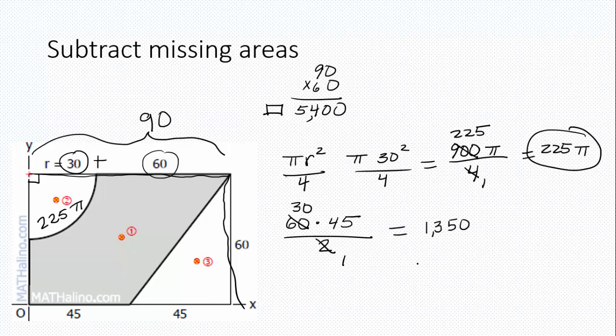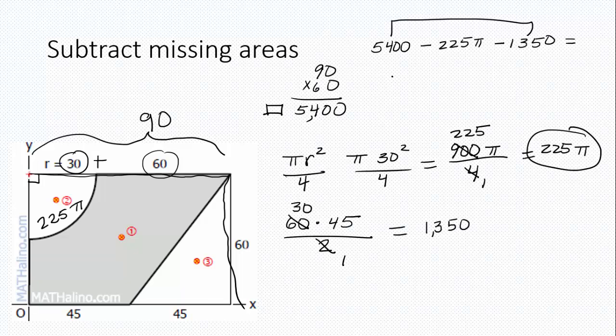Okay, now we need to do some subtraction. It looks like we have 5,400 total, but we're taking away 225 pi, and we're taking away 1,350. Now these are like terms and the pi is not, so it's just going to stay on its own. But we can go ahead and subtract those two things.